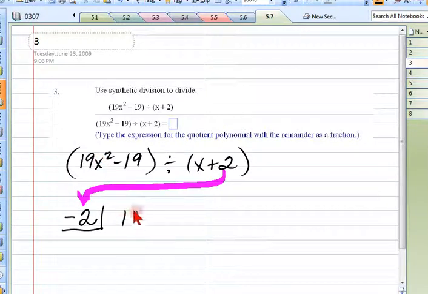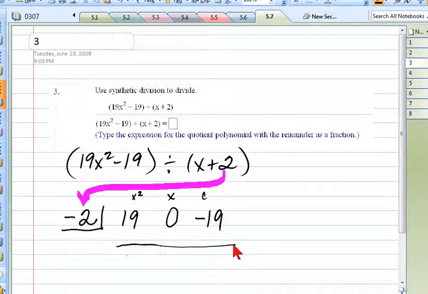So I'm going to have 19, which will be my x squared. Well, what about for my x? It's going to be 0, because I don't have an x term. So that's my placeholder. And then what's my constant? Negative 19. So look back at this polynomial. Do you see that it's missing an x term? That means that you have to have a placeholder of 0.